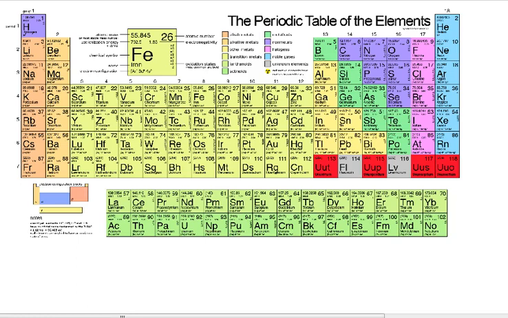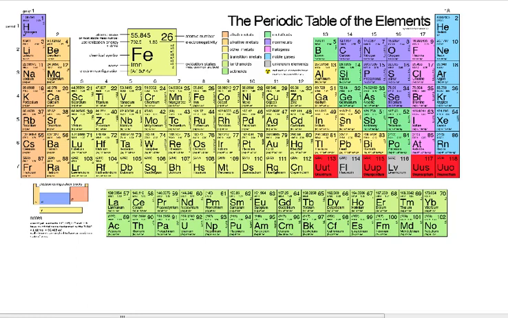One thing that you should keep in mind is that the elements in the periodic table are not arranged randomly. Instead, they are arranged very systematically. It's based on their atomic weights, their reactivity, their physical and chemical properties, and also their sizes.